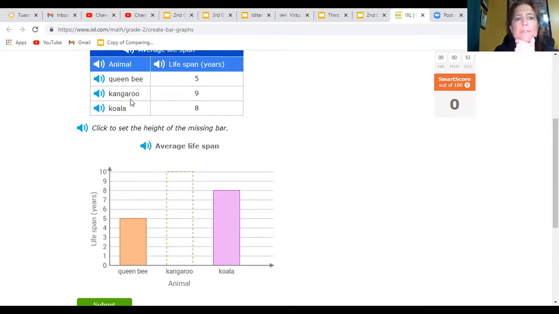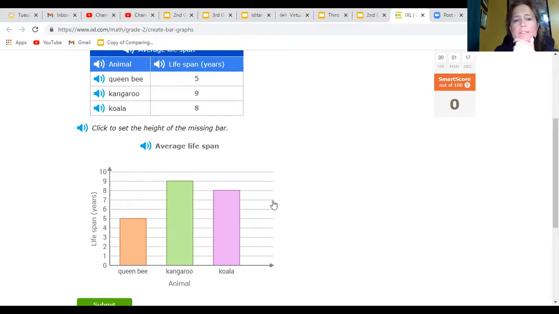The kangaroo's average lifespan, according to our data, is 9 years. So we need to take our bar graph up to the 9, because that shows that the kangaroo lives for about 9 years.